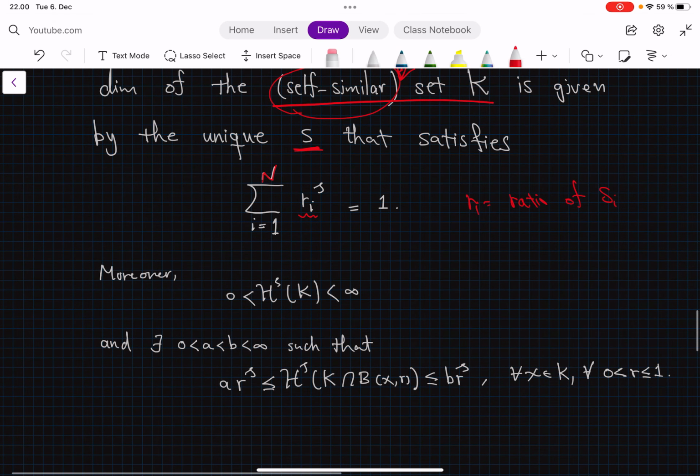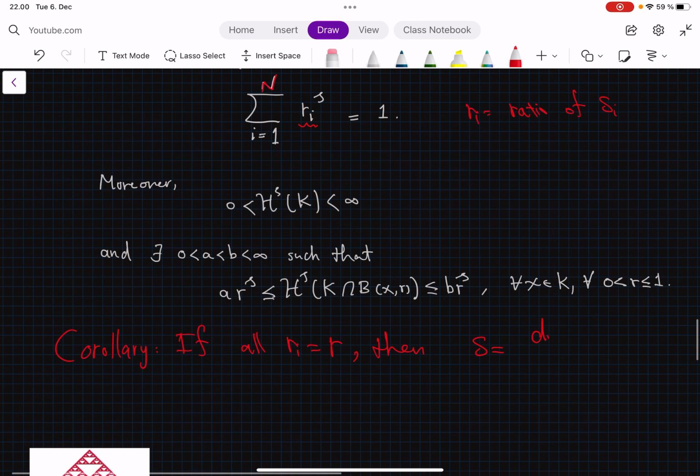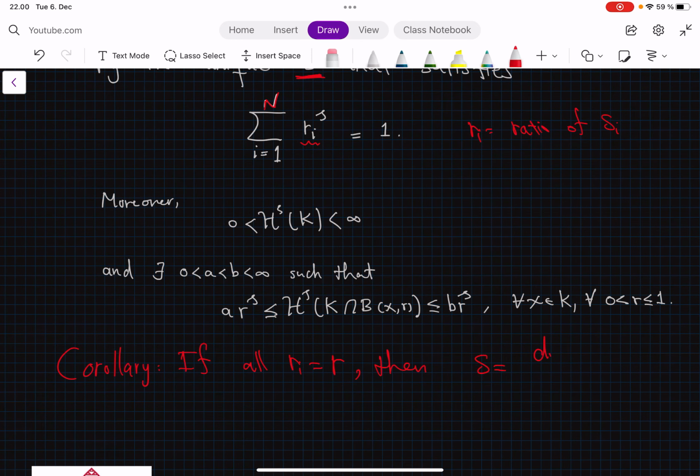The corollary from this will be that if all ratios are just the same value r, then the Hausdorff dimension is, this will become n times r to power s, and if you just apply a log, you will see that s has to be log of n over log of 1 over r.